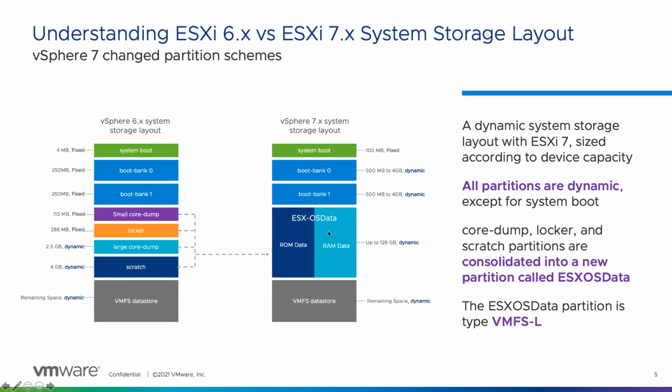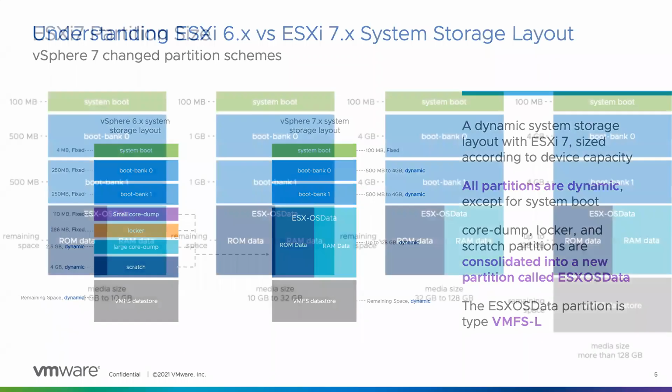Whenever logs are written on the ESXi system storage stack, the ESX OS data partition gets queried. So this partition has become more of an active partition, and that's the reason we are recommending that our customers move away from using low endurance devices such as SD cards and USB drives.